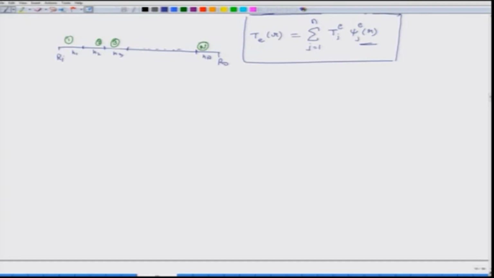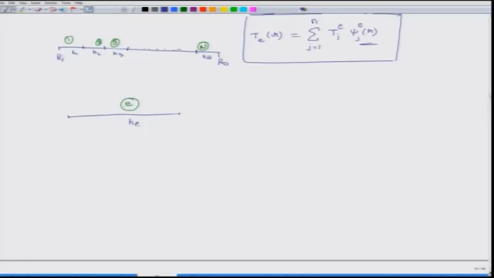Now, I can look at this Tj and psi j in a little different way also. So, suppose I have an element, so let us say this is an eth element, and its length is He, right.